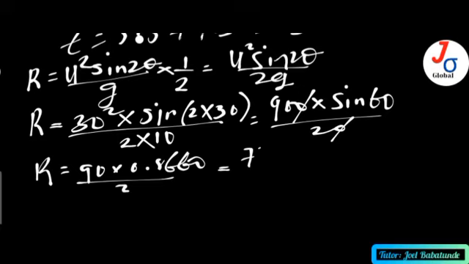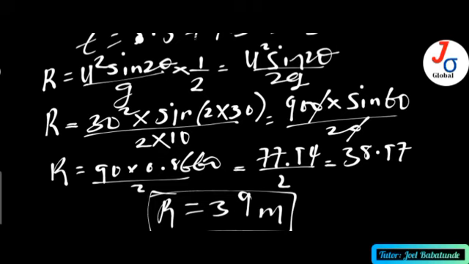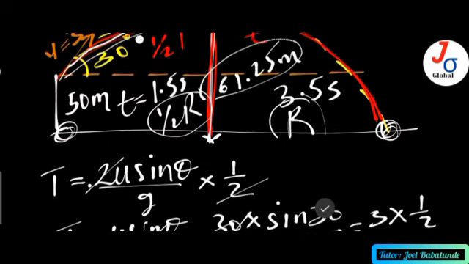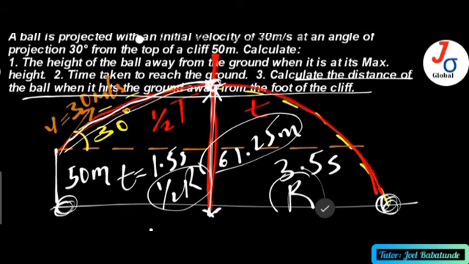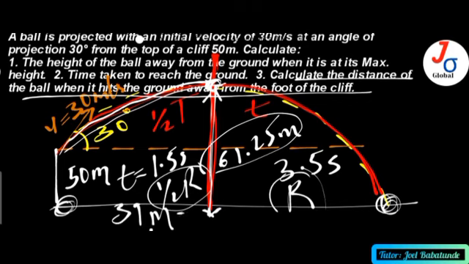That's going to give us 77.94 divided by 2, and that gives us about 38.97, and approximately the R there becomes 39 meters. So what that means is that this place here is actually 39 meters. From here to here is 39 meters.